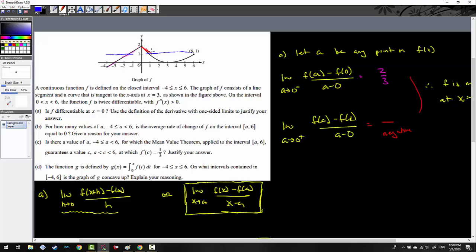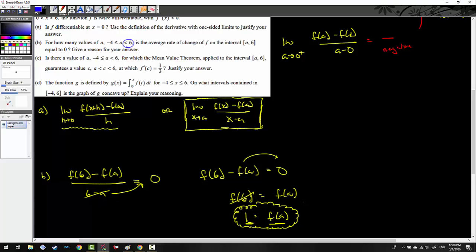It's going to absolutely intersect twice. Now, I'm not going to include the 6 because they don't include the 6 in the original question. So all I can conclude is that the graphs of f and y equals 1 intersect twice on -4 to 6.